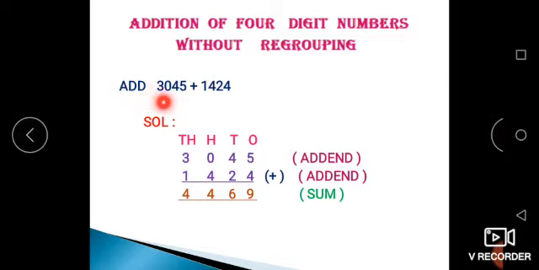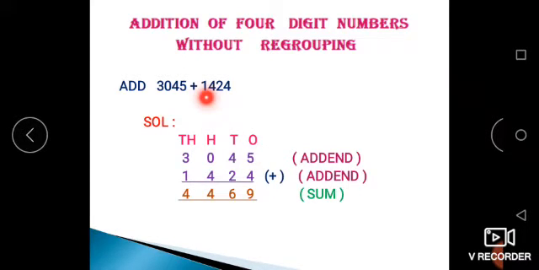Add 3045 plus 1424. First, we arrange these numbers according to the place values. Both numbers have 4 digits. So, 3 thousands, 0 hundreds, 4 tens and 5 ones.